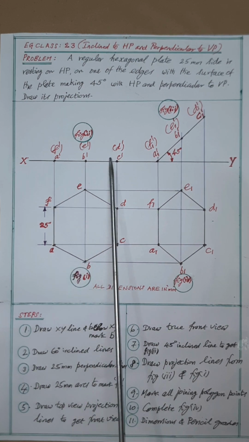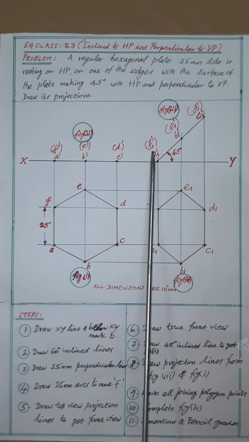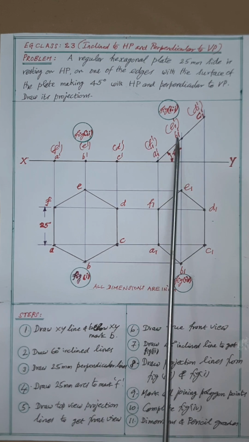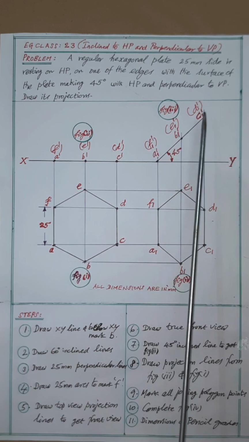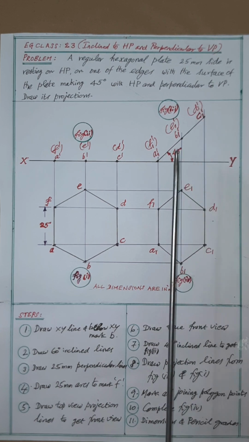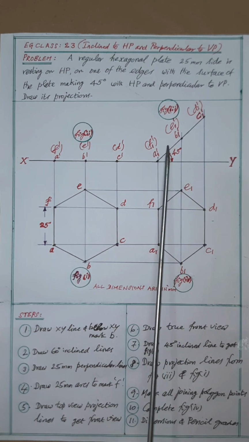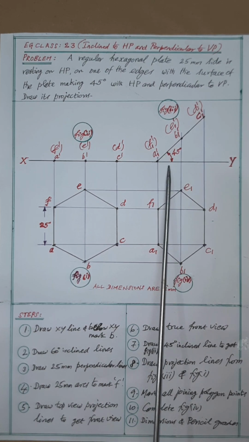The same points are to be repeated here, but make a small difference by putting a suffix: F1 dash, E1 dash, D1 dash, likewise A1 dash, B1 dash, C1 dash. So this is figure 3. This is the final front view.